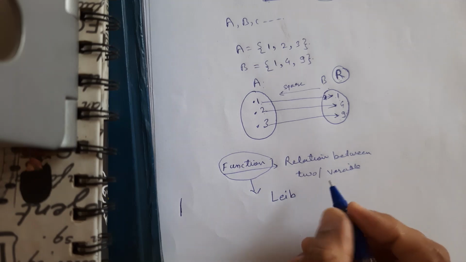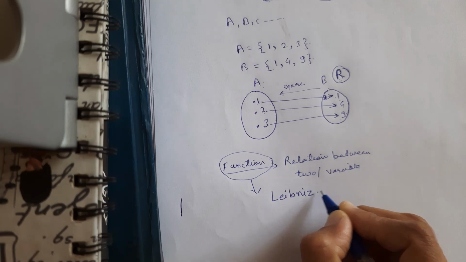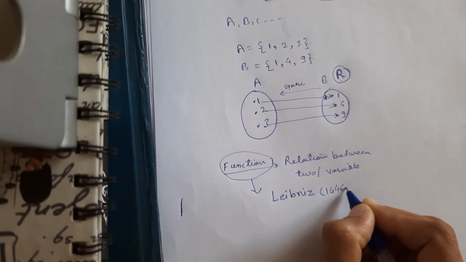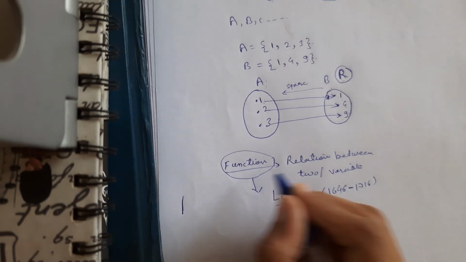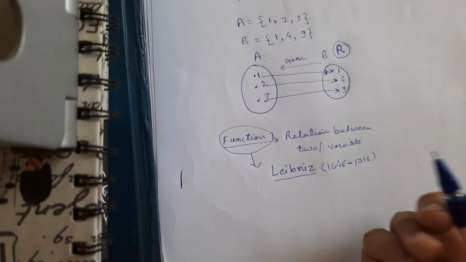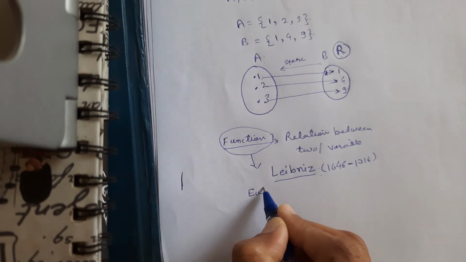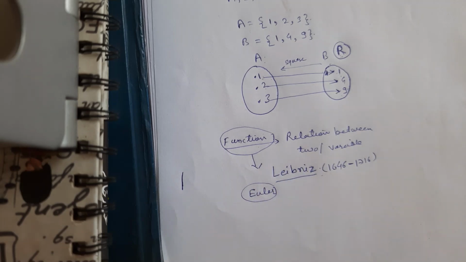He is the mathematician that you need to search on Wikipedia. Just see his interesting development. Leibniz first introduced this term function, and the idea of function was further formulated by Euler. I want you to search for these two great mathematicians. You will find very interesting discoveries of theirs. So simply, a function is a relationship between two variables.